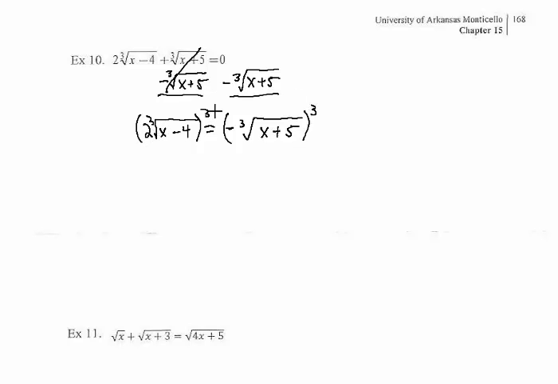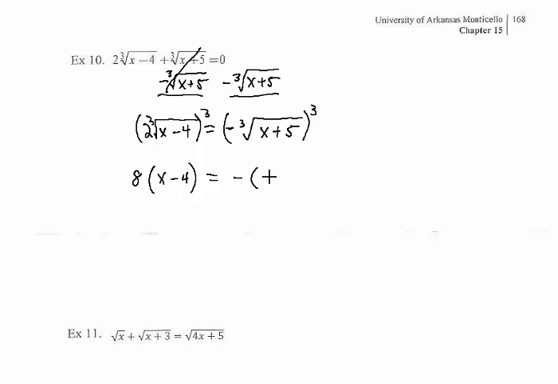Okay, we actually have to apply the cube to the 2. It sits outside the radical, so this is 2 cubed, which is an 8. And here for the radical and the cube, they just cancel one another out. So from the radical, we're just left with x minus 4. A negative cubed on the right is a minus, so we didn't get rid of the minus, it's still there.